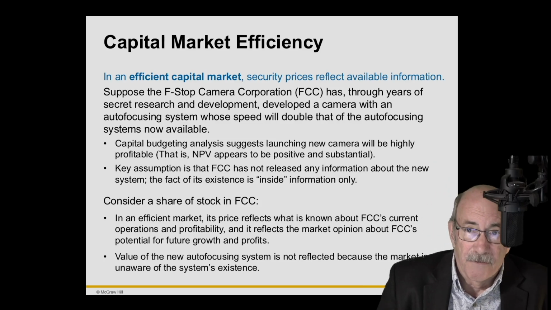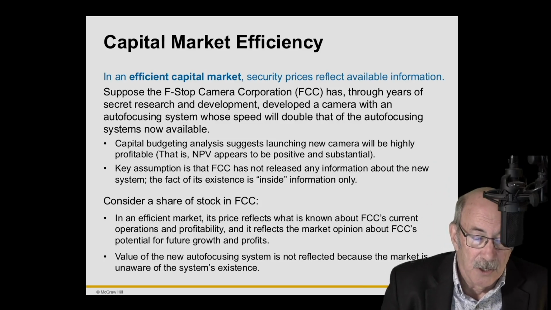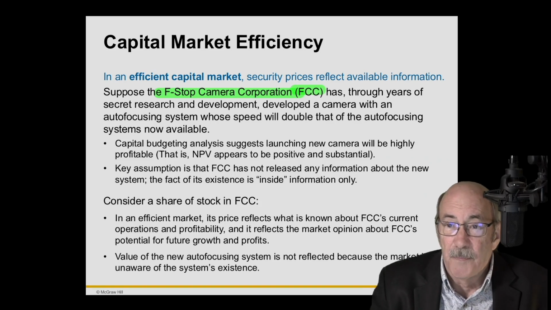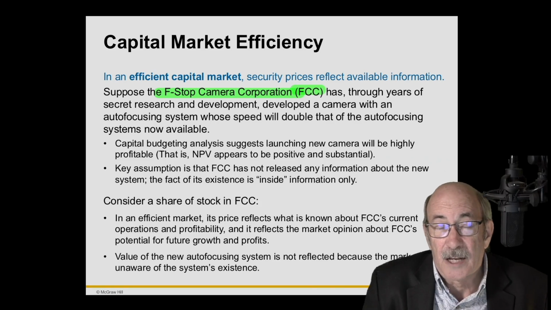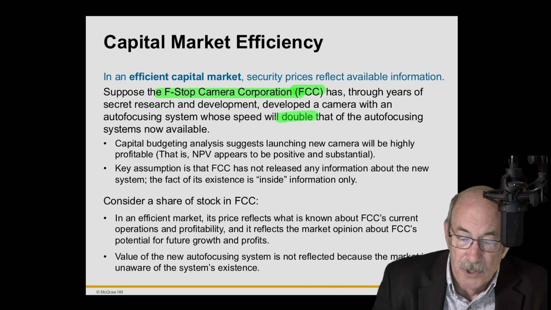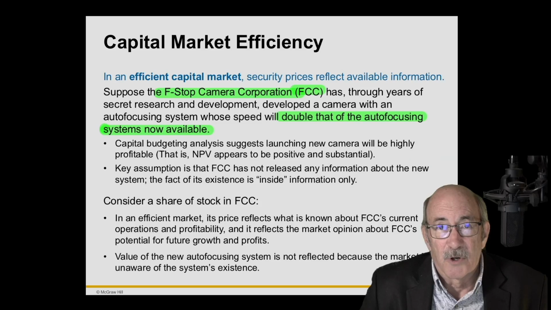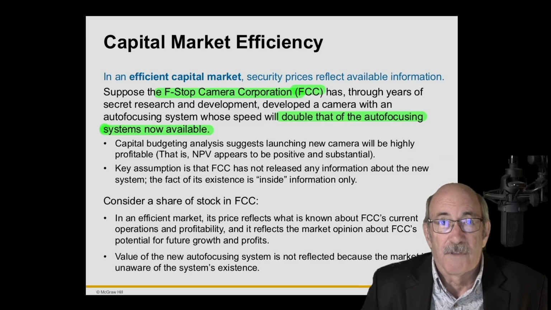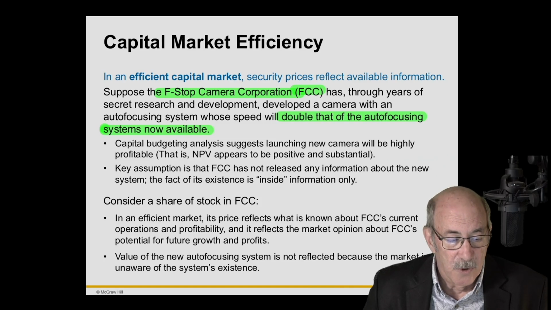We're going to start off, though, with an example here, and this is with this F-Stop Camera Corporation, ticker symbol FCC. And this particular company has developed a new technology that is going to double the speed of autofocusing available in its cameras. And this is obviously going to be a very positive thing for the company. Autofocusing has always been a problem in the camera world.